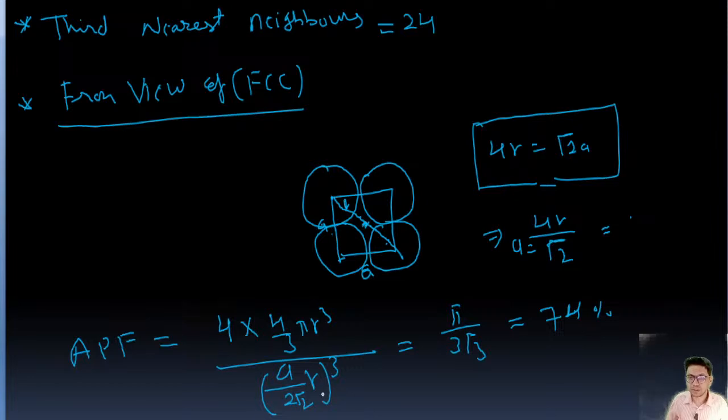I think something was written wrong here. This is going to be A cube, which is 4R upon root 2, whole cube. So this value is almost equal to 74%. So this, guys, is a close packed structure.